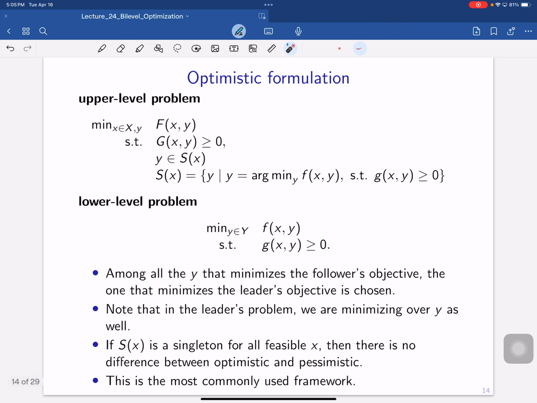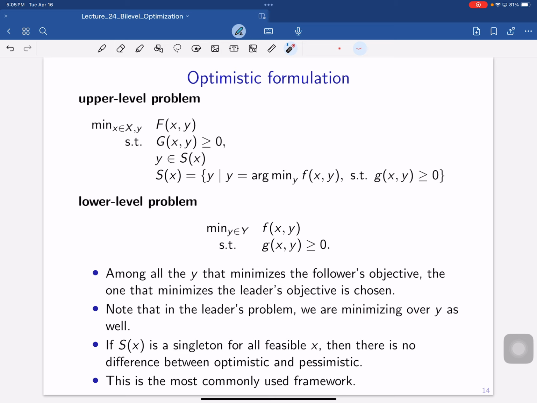So that explains why we are also minimizing over the y variables here. If S of x is a singleton for any x, you don't need to optimize y in the leader's problem.